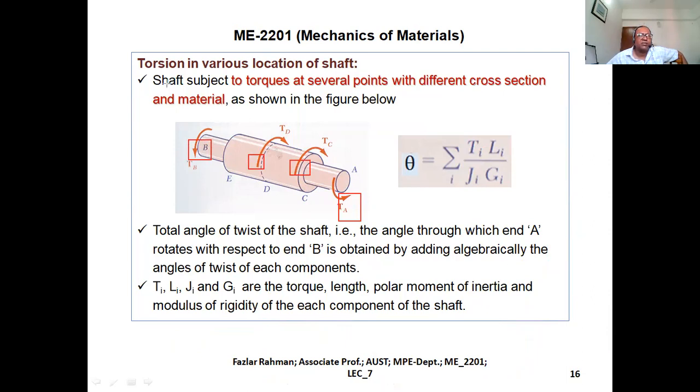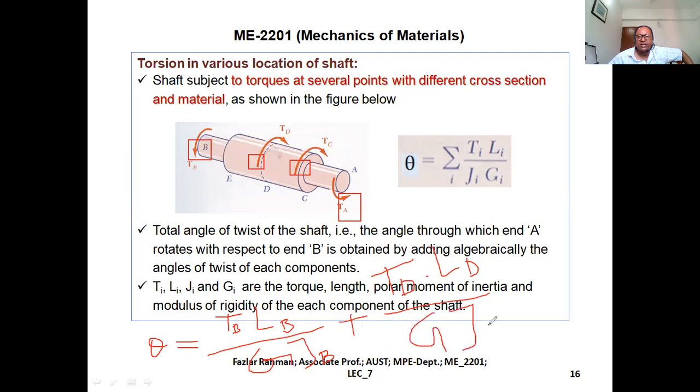So angular deformation, if it is theta, then theta equals T_B, that means torque at point B, into L_B divided by G J, the polar moment of inertia of shaft B, plus then you have to take ED: T_D into L_D divided by G_D J_D.